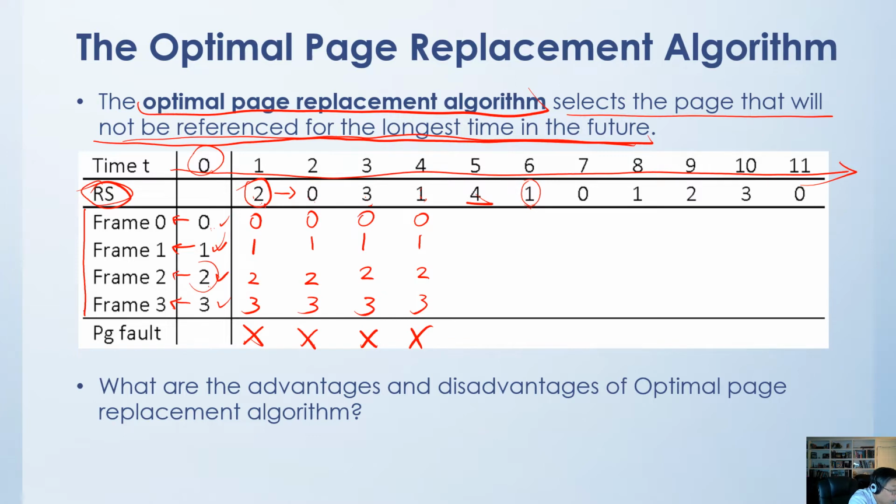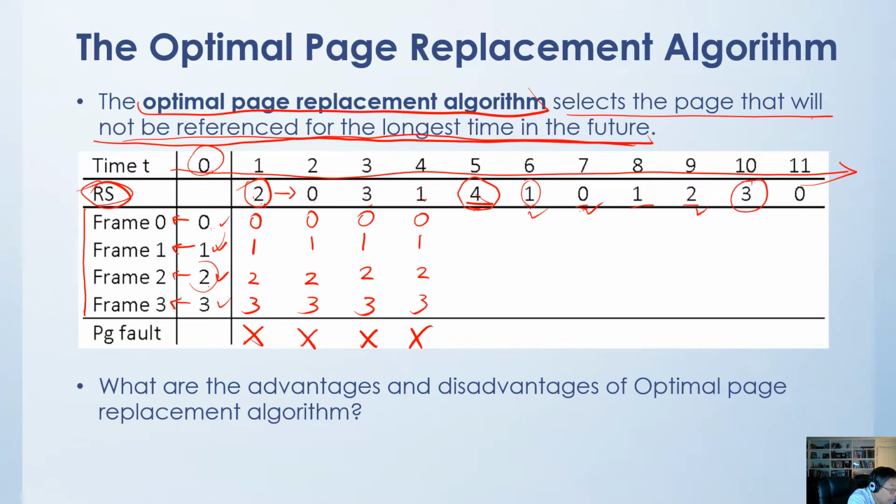Now, are we going to replace page 0? Page 0 will be referenced very close to that one, right? And again, page 1, page 2. Now, what's the page that will not be referenced for the longest time in the future? Not 0, not 1, not 2.